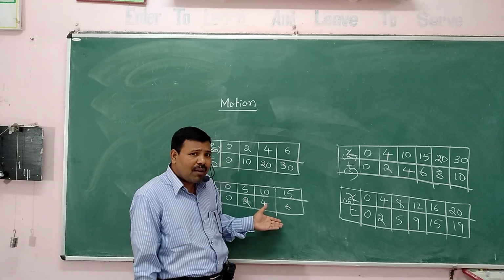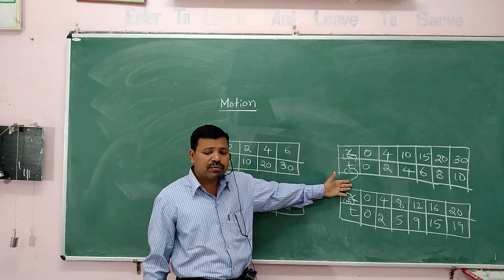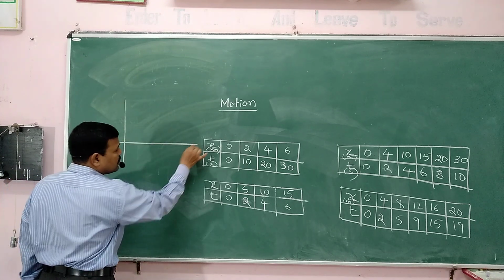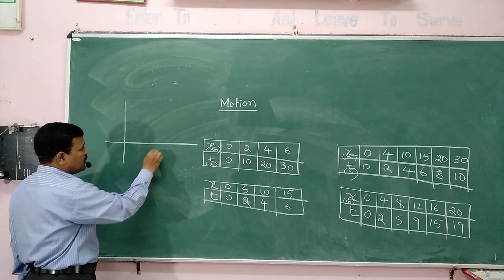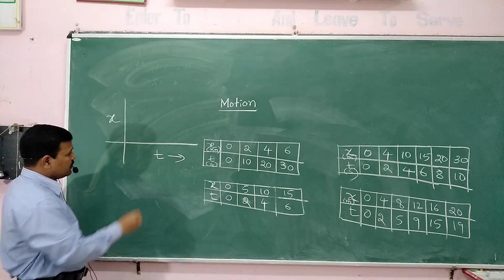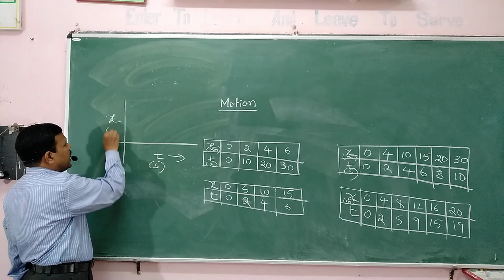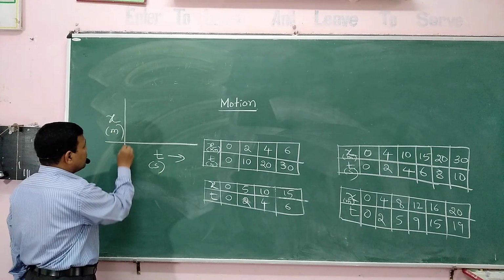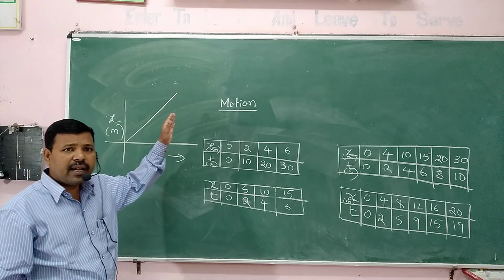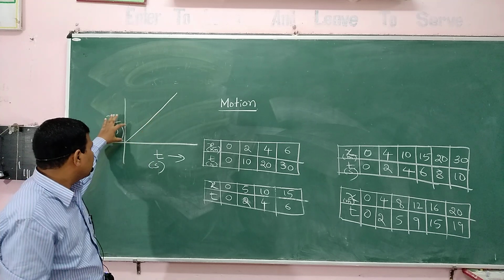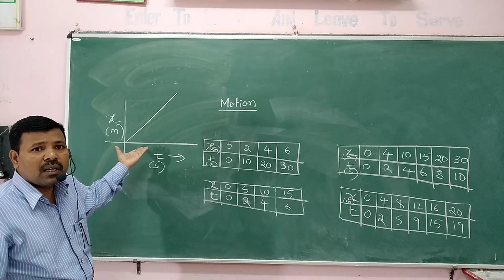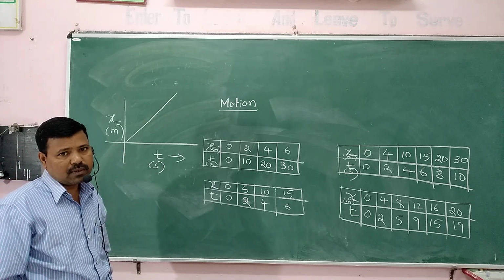What is the nature of the graph for uniform motion and for non-uniform motion? The nature of the graph for uniform motion, that is the graph of x versus t, where T is in seconds and x is in meters: if it is a straight line, it indicates that equal distances are covered in equal time, and this is the graph of uniform motion.